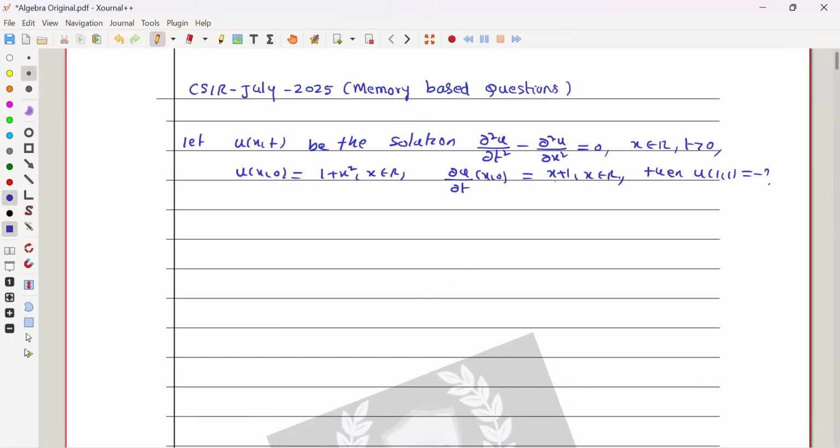The options are A) 2, B) 3, C) 4, and option D is 5.